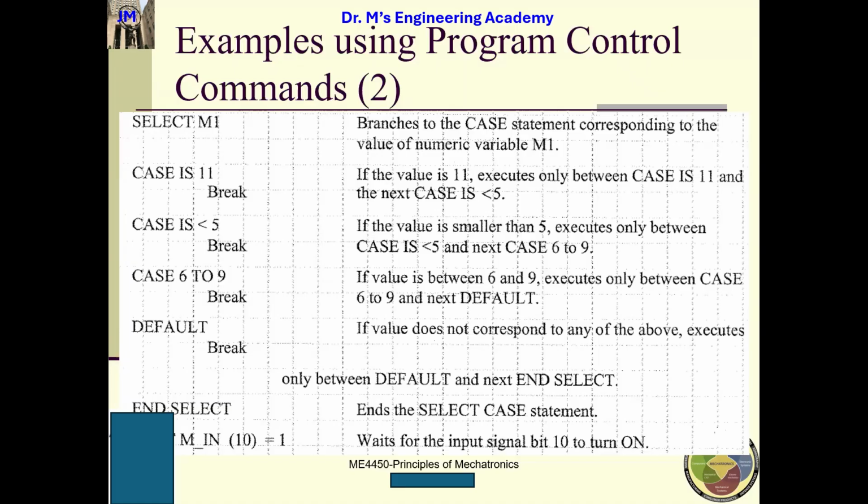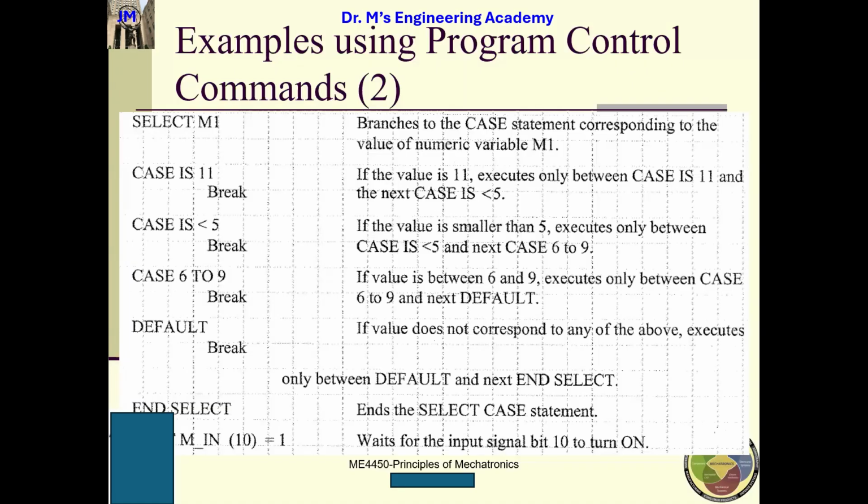After each of these commands, you must have a break. One more time, okay? I have 4 case scenarios: 1, 2, 3, 4. For each of these case scenarios, you need to implement something here. Then you must end with a break. Break is the keyword. Why?